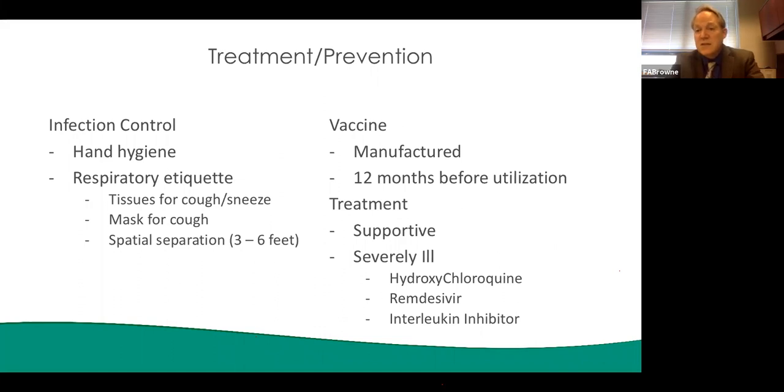So the concern is that even though we do a great job at preventing people from spreading this, and we're all wearing our masks, as soon as we stop wearing our masks, and there's one person with a bunch of virions or who ends up getting a fomite or an area infected with the virus, then we can actually get clusters and outbreaks, which is a real possibility when we start returning back to work.